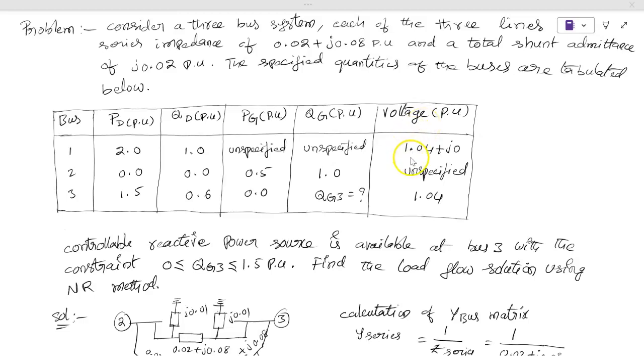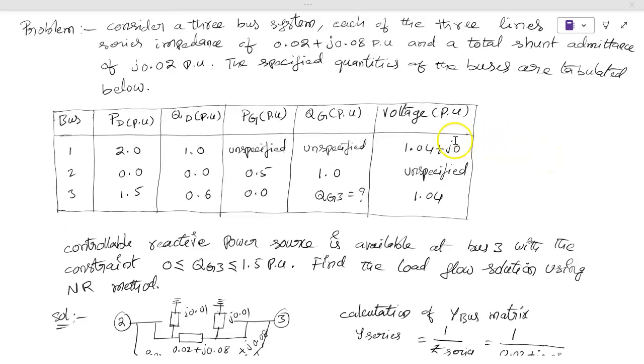See here they have not mentioned which bus is which type. So here, the first bus is which type, the second bus is which type, and the third bus is which type? That means slack, PQ bus or PV bus, whichever. First we need to identify, as per the given data, and after drawing this table, we need to mark the bus type.